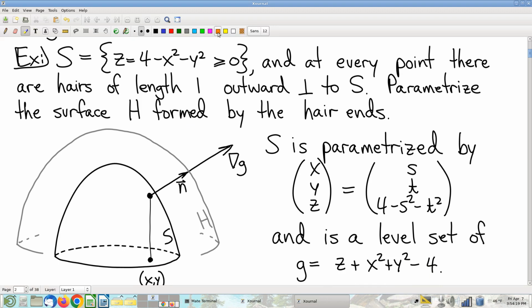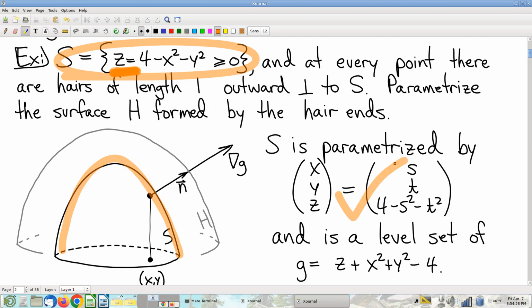We have here a surface given as a graph. That's convenient, because I can write down a graph parameterization. That part's easy. We've done that already. What we're going to do is imagine that as the top of someone's head.